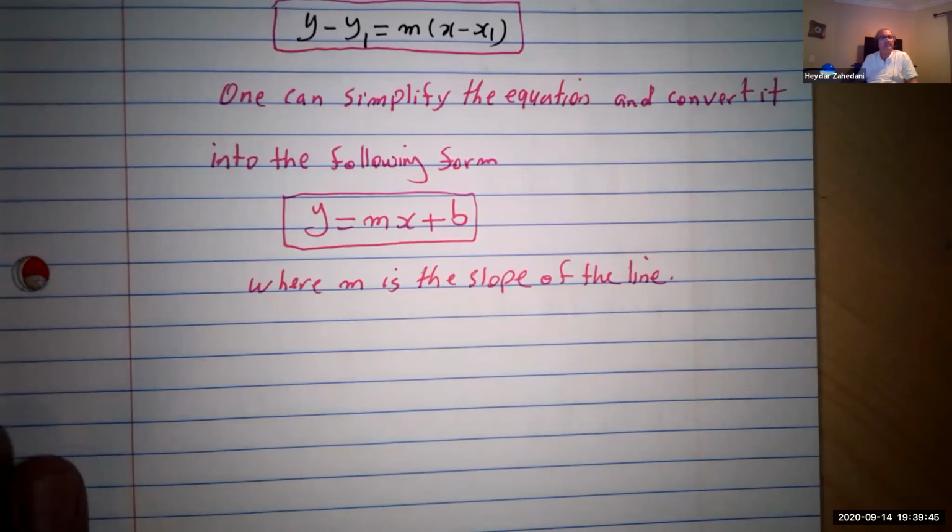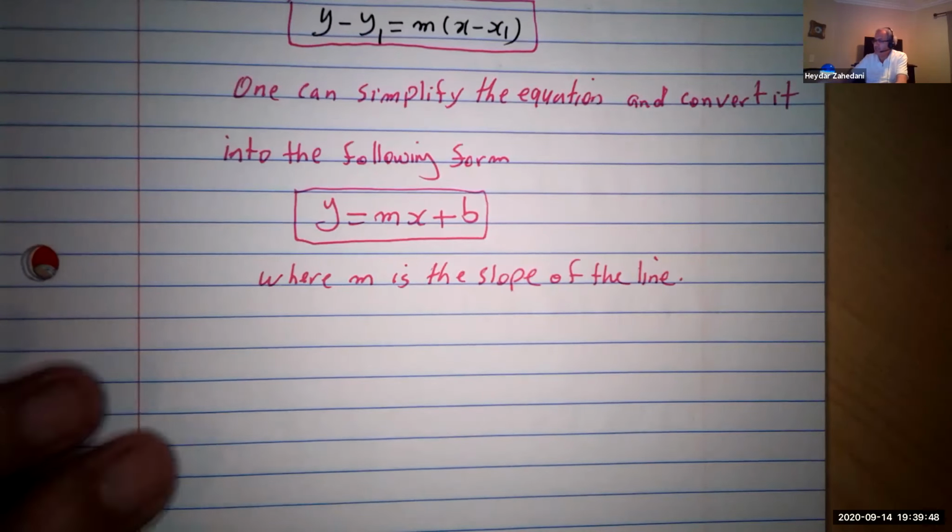The problem is straightforward: a point and the slope are given, and you want to find the equation of the line.